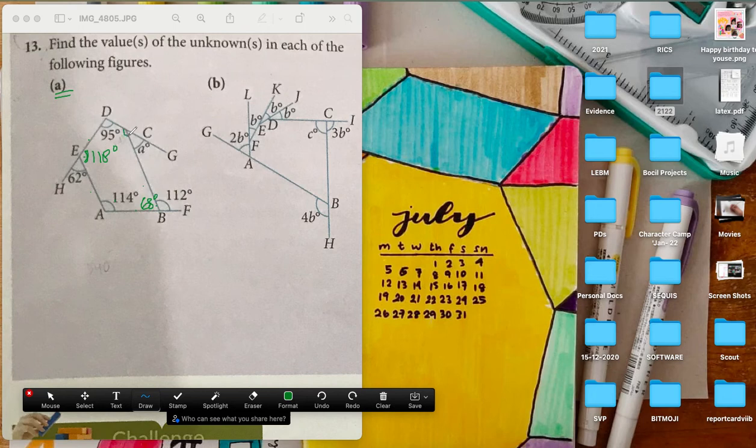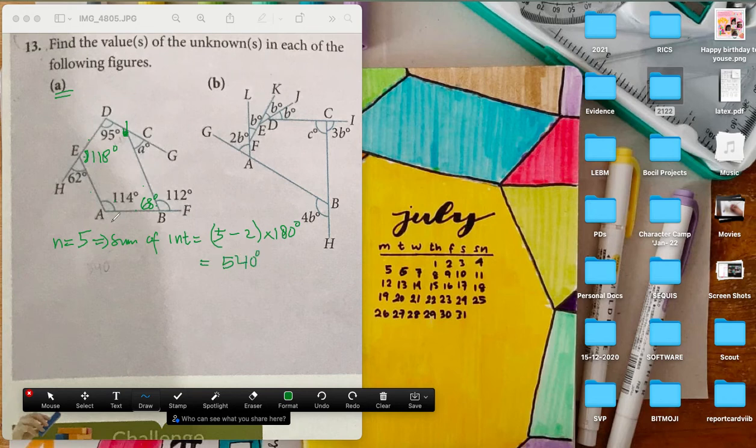Now to get this angle, I have a way. All I need to find first is the angle in here, the size of the angle, then find the supplementary to that angle. So then let's find the size of this angle. As I said, it's a pentagon, so n equals 5. The sum of interior angles, right, equals 5 minus 2 times 180 degrees, and that is 540 degrees.